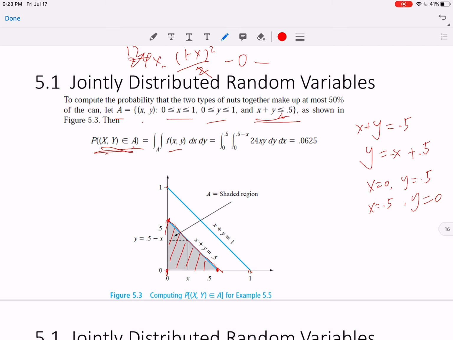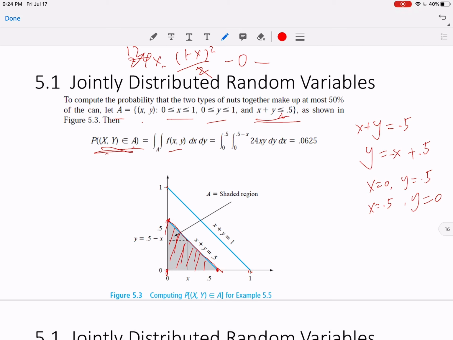All right. So if we want to integrate the joint PDF over this region A, the shaded region here, the key point is to find the boundaries for both x and y. You can fix one and find the boundary of the other. I usually fix x and find the boundary of y in terms of x.